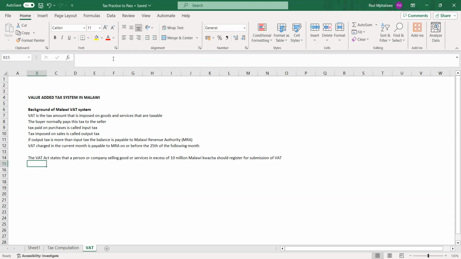If your business is making more than 10 million annually, it's a must to register for VAT within 30 days after the day that you recognized the excess of 10 million.